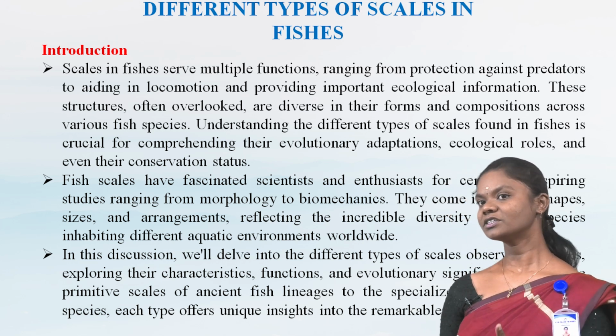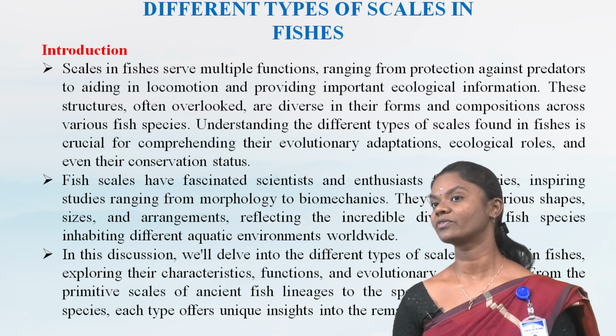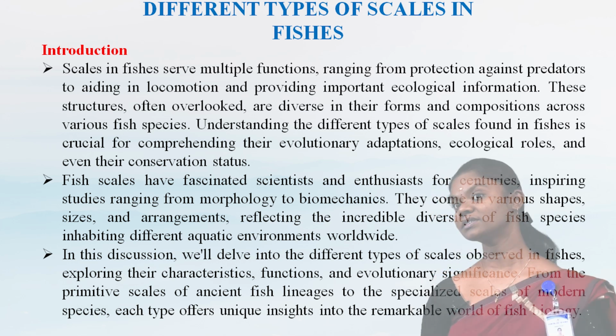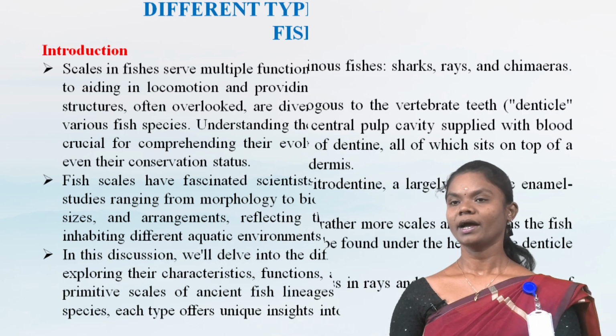So, in this discussion, we will delve into the different types of scales observed in fishes, exploring their characteristics, functions, and evolutionary significance, from the primitive scales of ancestral fish lineages to the specialized scales of modern species. Each type offers unique insight into the remarkable world of fish biology.